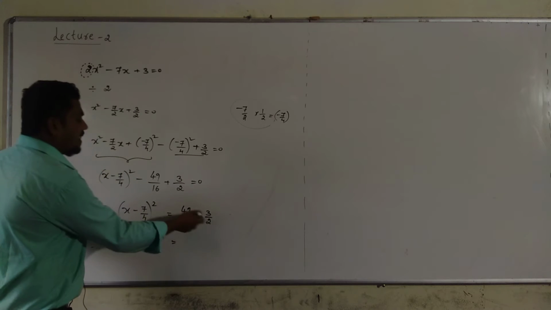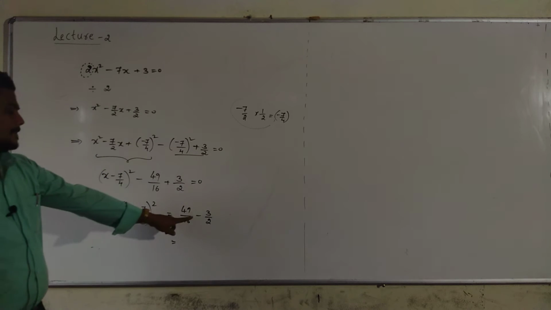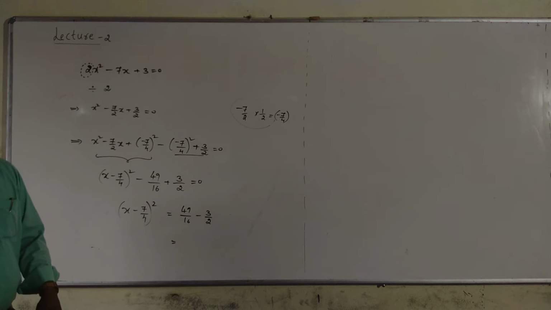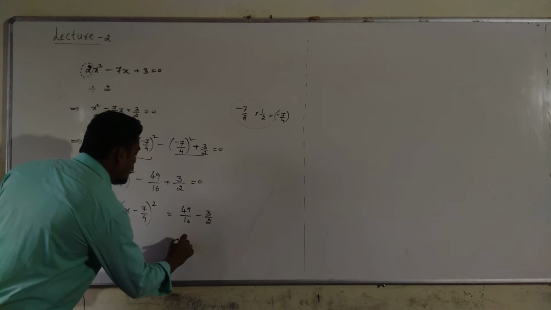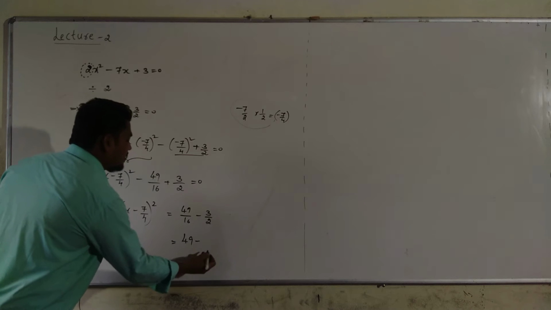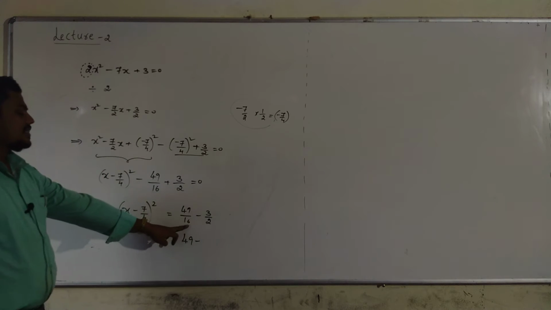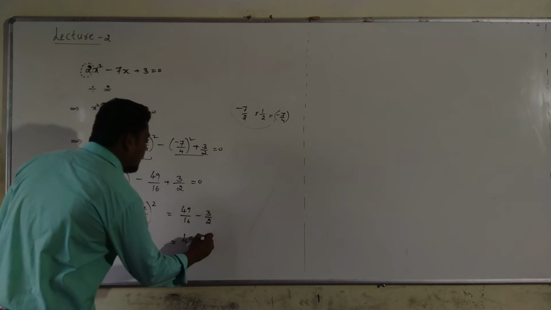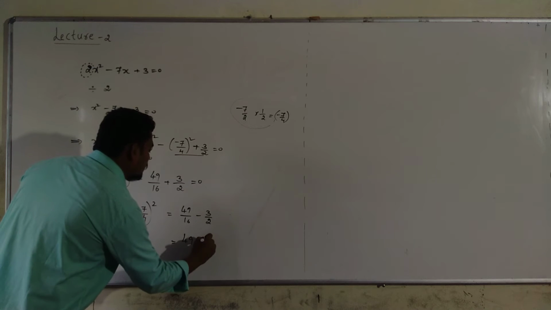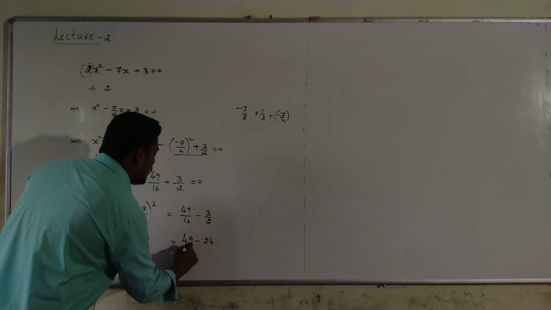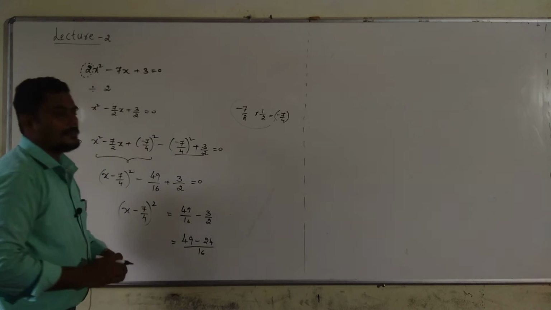Now, taking the LCM. What is the LCM? 16 is the LCM. 49 minus, what is the LCM? 16 means multiply by 8, that is 24. Whole thing divided by 16.